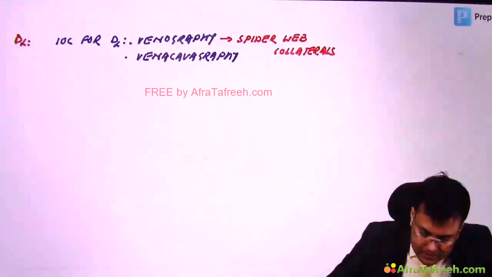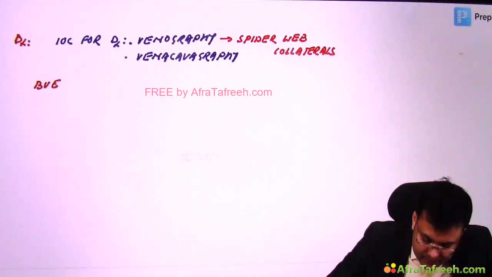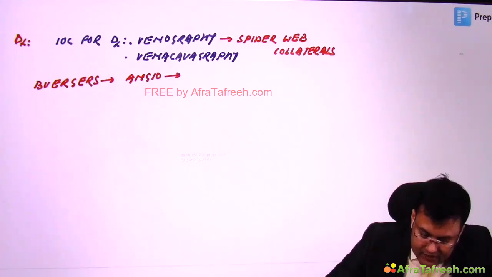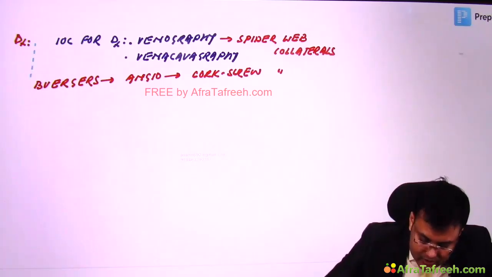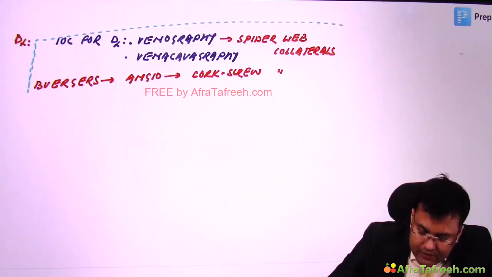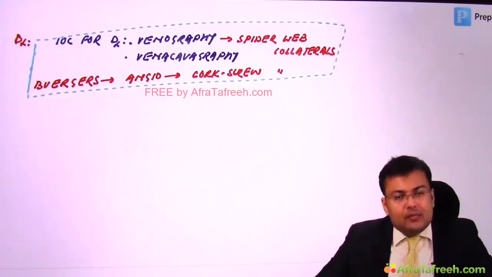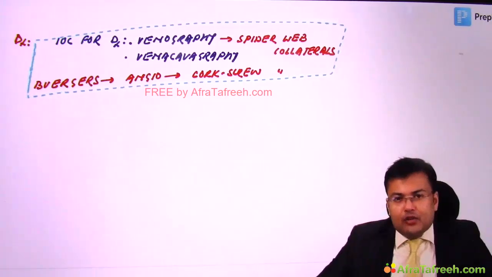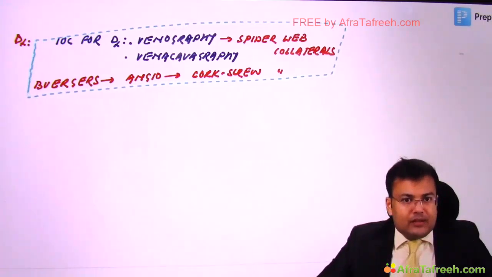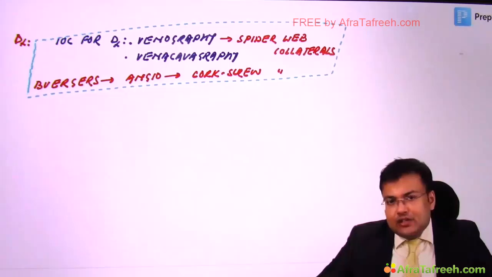So in Buerger disease, the investigation of choice for diagnosis is angiography. And what kind of collaterals? It's the corkscrew collaterals, right? So these are the two questions which are frequently asked about collaterals. In Budd-Chiari syndrome, on venography, there are spider web collaterals, and in Buerger disease on angiography, there are corkscrew collaterals, right?